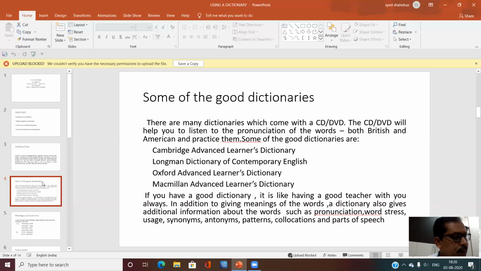You should know all these symbols. Otherwise, you cannot learn these things. And another thing is word stress. Where to stress words?